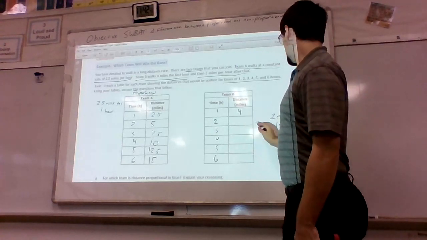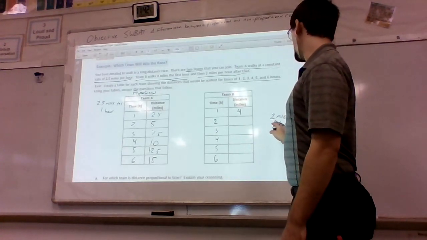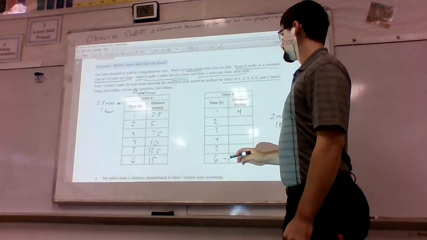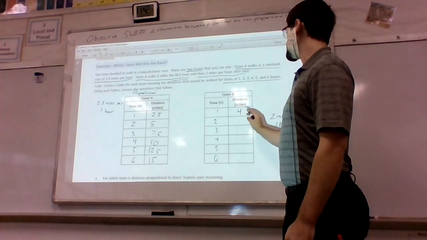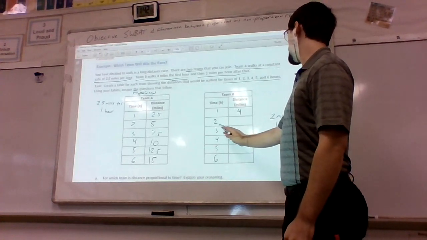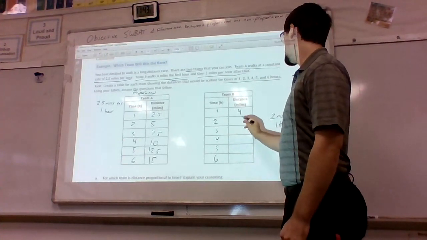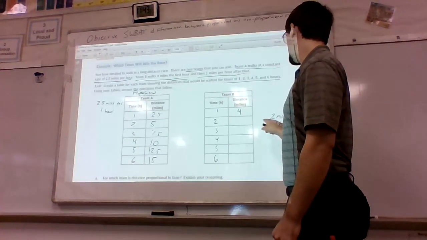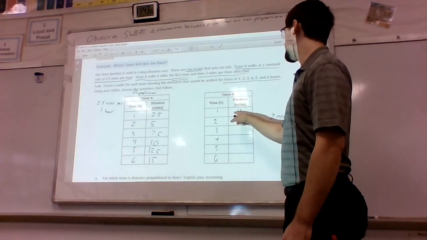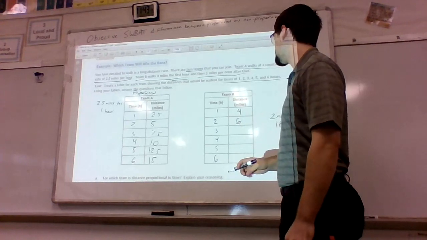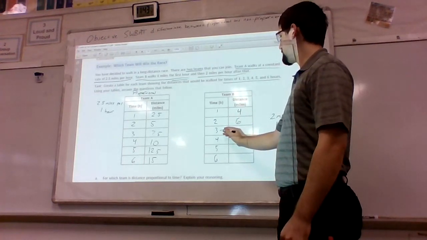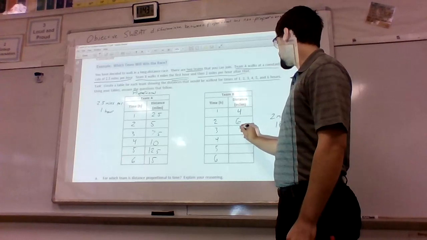So after that, every hour they're traveling another 2 miles. So it's going to be 4 miles plus, the next hour they travel 2 miles. So they traveled 2 miles in that second hour plus 4 miles in the first hour. Now they've traveled a total of 6 miles. One more hour passes and they walk 2 more miles.